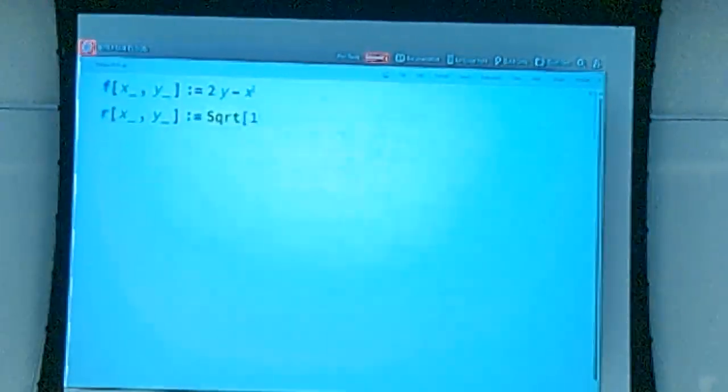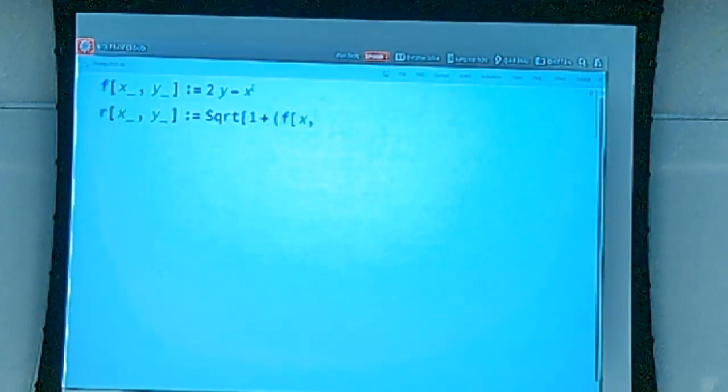Define a function in terms of x and y. The function of x and y is just what y prime equals. I'm also going to find another function r, square root of 1 plus f squared.